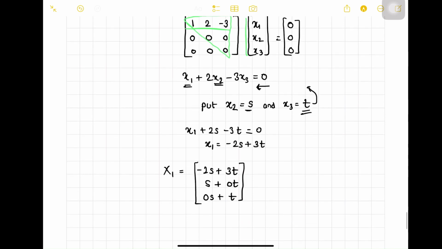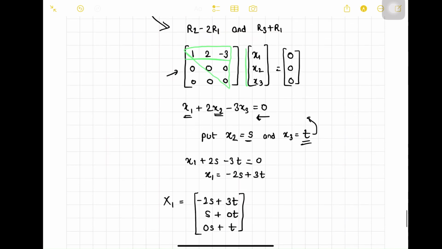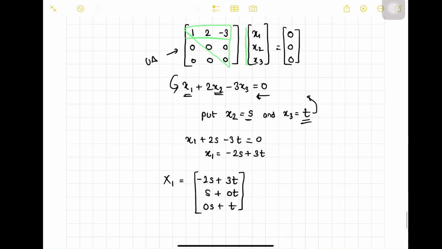So you got this. We'll first convert this matrix into an upper triangular matrix, then we'll write its equation, then we'll substitute. Here there is a 3 by 3 matrix. In this upper triangular matrix there are 3 variables and we have only one equation.